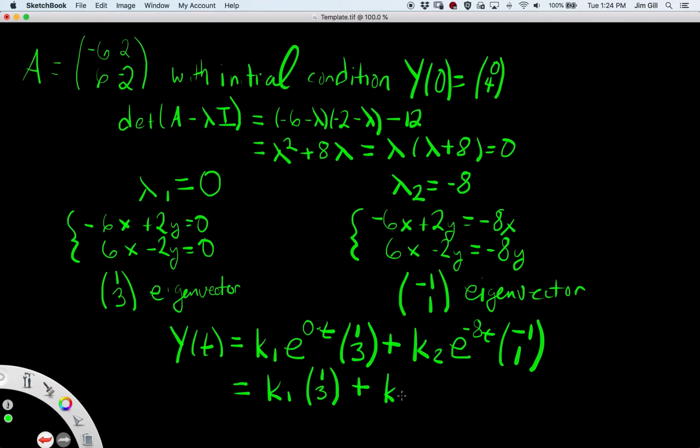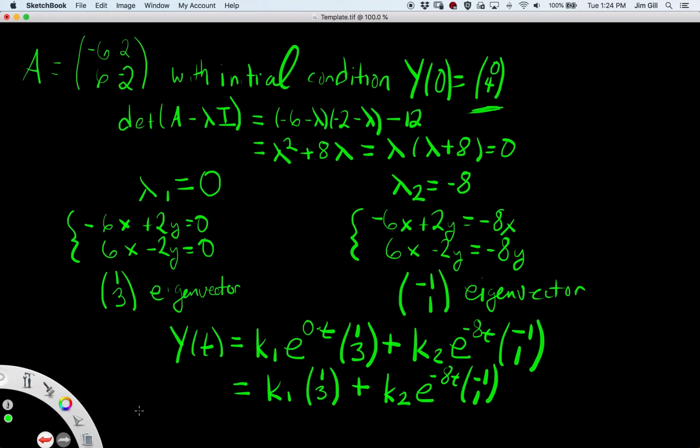So the only part that depends on time here is this part that I'm writing down right now, k2 times e to the negative 8t times the vector minus 1, 1. Now note, with our initial condition up here of 0, 4, we would want to find out what k1 and k2 are. But if you add these two eigenvectors together, you get exactly the initial condition. Negative 1 plus 1 is 0, 3 plus 1 is 4.